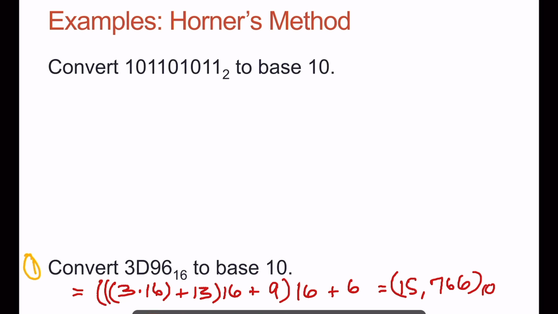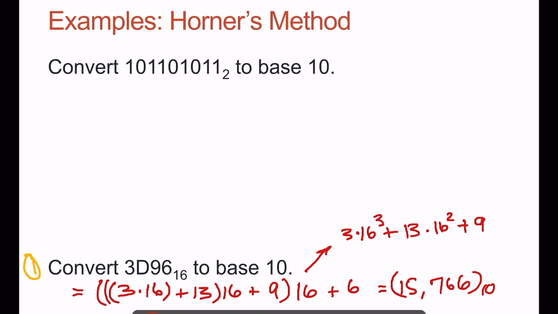Okay, but I want to point out an easy way to look at this. If we look at the most significant digit 3, and how many times it gets multiplied by 16, we see that we can reorganize this computation. It's 3 times 16, let's see how many times, 1, 2, 3, 3 times 16 cubed. And then 13 gets multiplied by 16 twice.